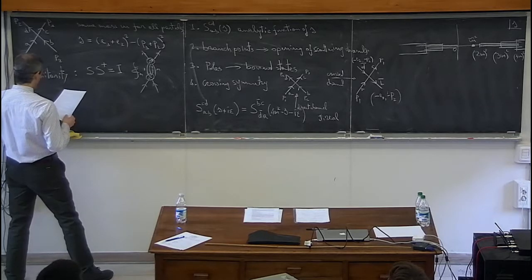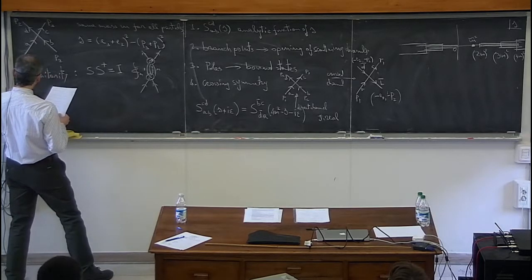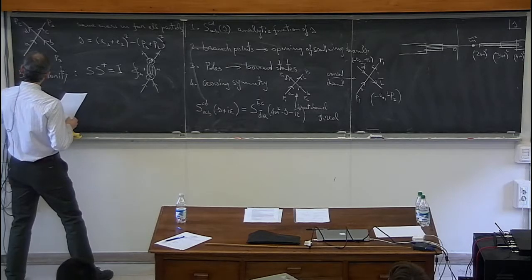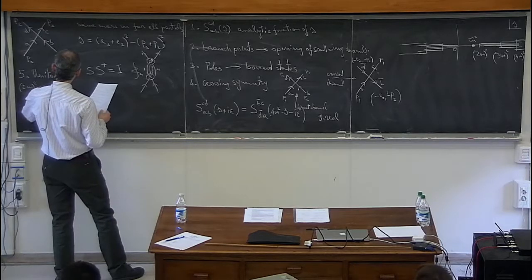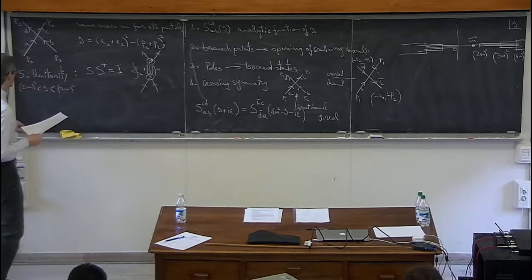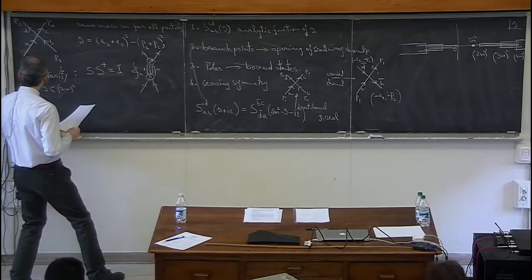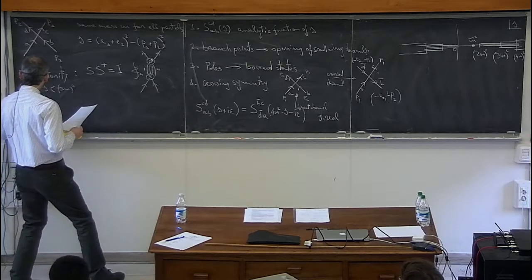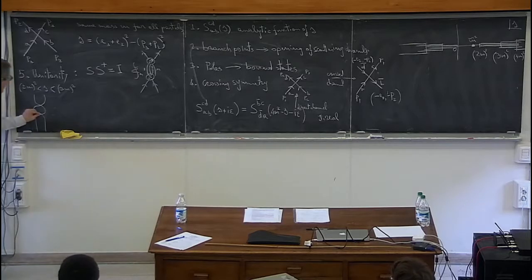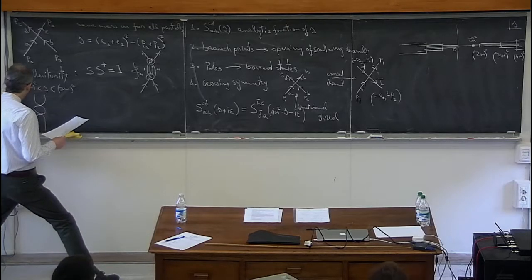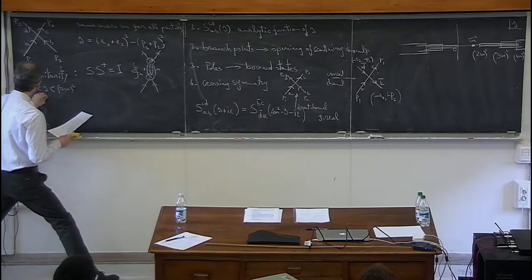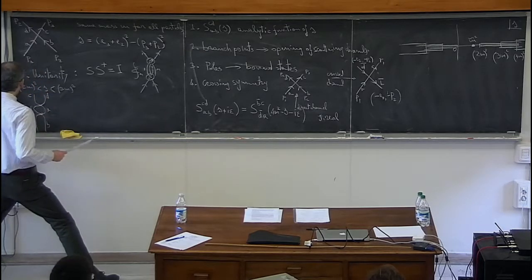So in this range, 2m squared smaller than s smaller than 3m squared, this simplifies to something that I can draw like this, because the only intermediate state can be the two-particle one. And so let me put some indices A, B, C, D, E, F. I have to sum over E and F.